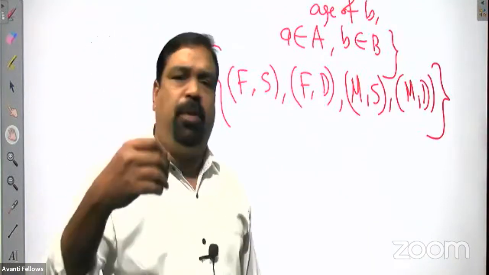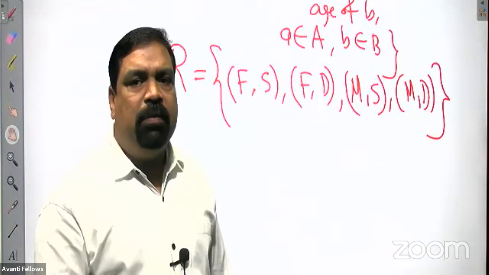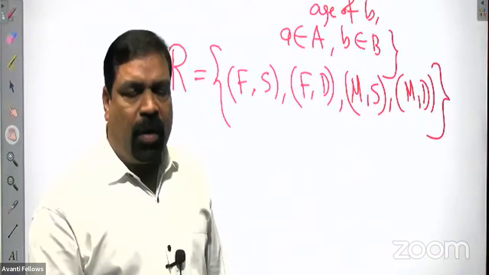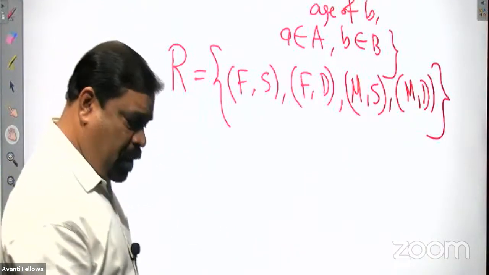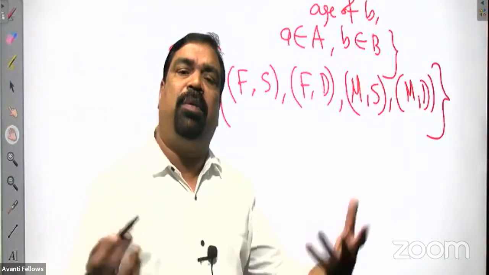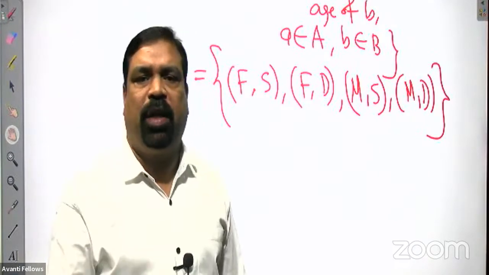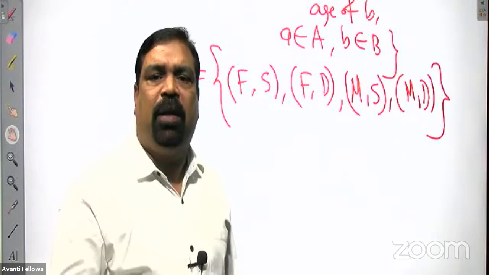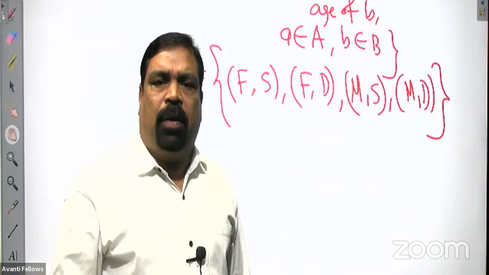Every relation is a subset of A cross B. So here A cross B has how many elements? 4 elements, isn't it? That means the number of relations is equal to 2 raised to 4. Number of relations will be the number of subsets of A cross B. That's equal to 2 raised to 4.